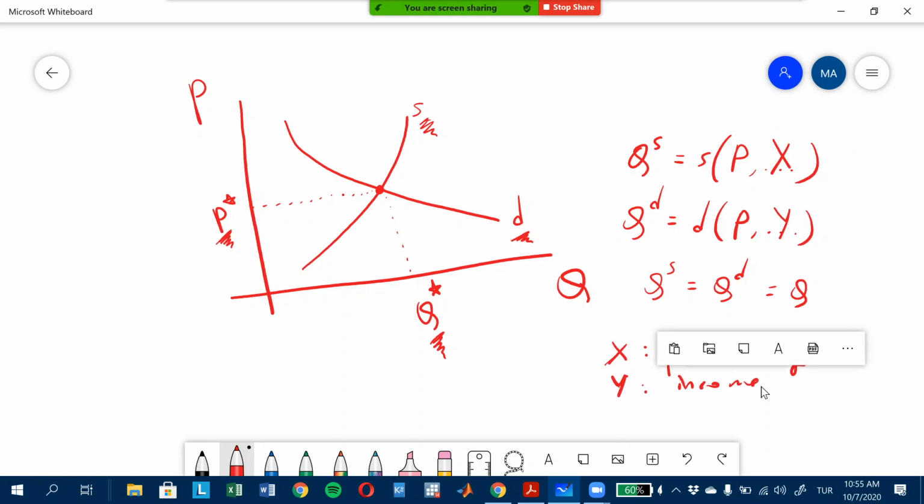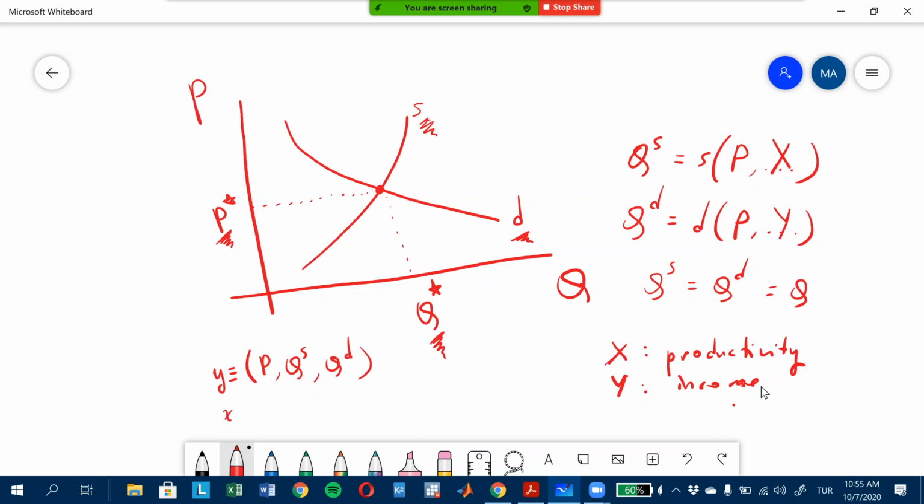Then we have this model where there are some endogenous variables and some exogenous variables. The endogenous variables are price, quantity supplied, and quantity demanded, right?